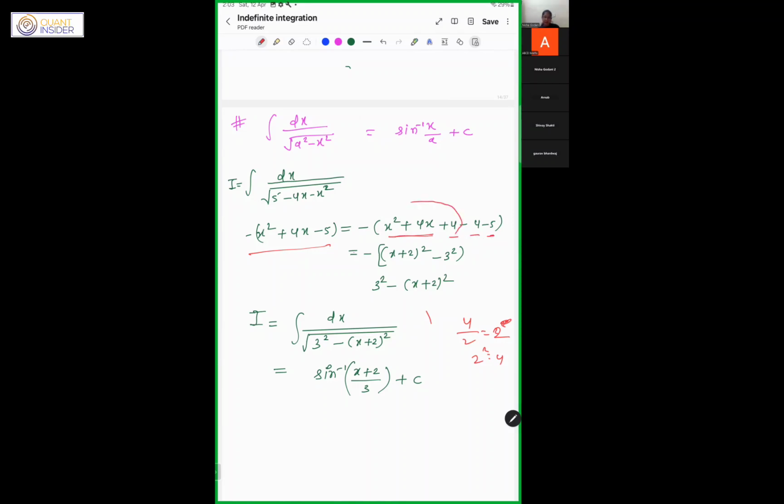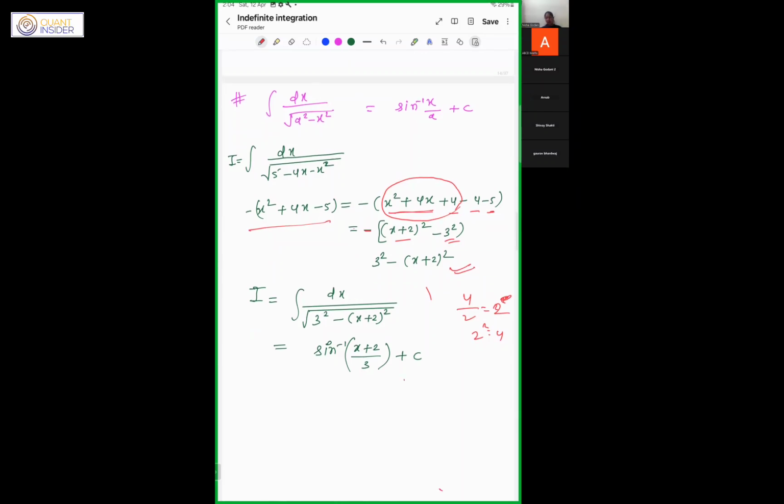The first three terms give x plus 2 whole square, and minus 9 means 3 square. There was a minus sign outside, so by multiplying by this minus sign you have this. So this is of the form a square minus x square. Now if you apply the formula, you have this integration.